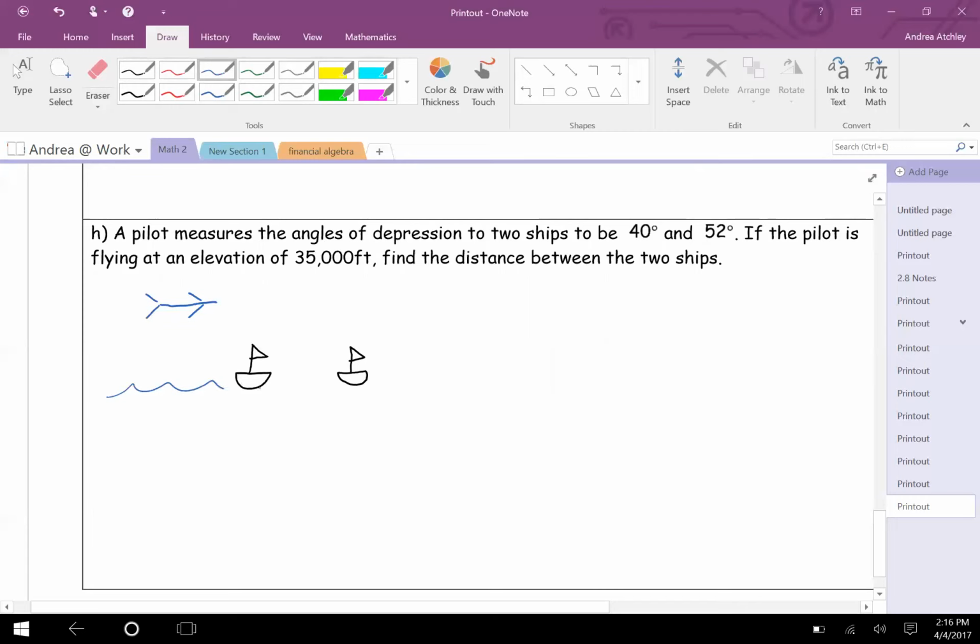And let's remember the boats are in water. We're going to draw our horizon line, which is this little dash right there.